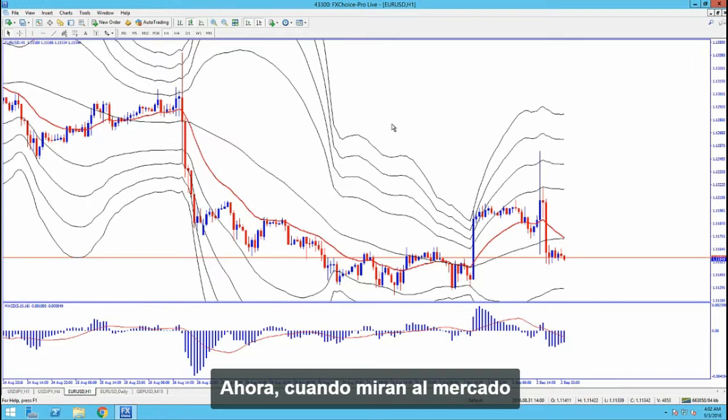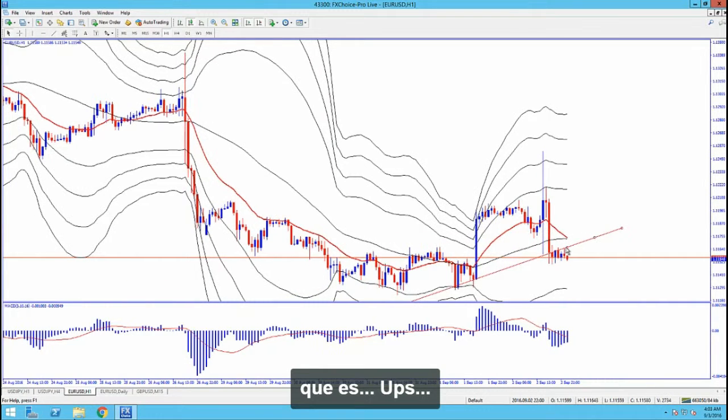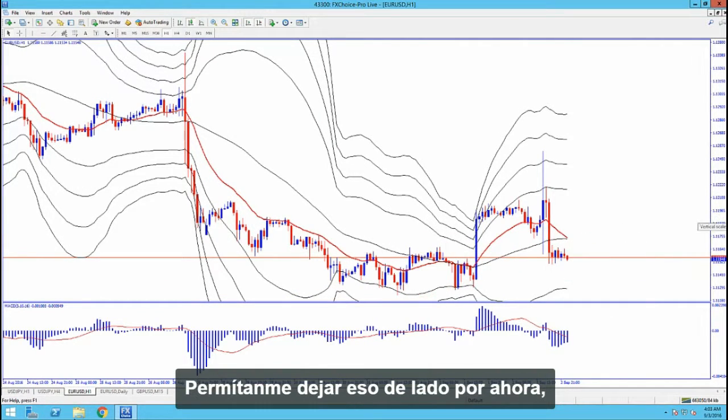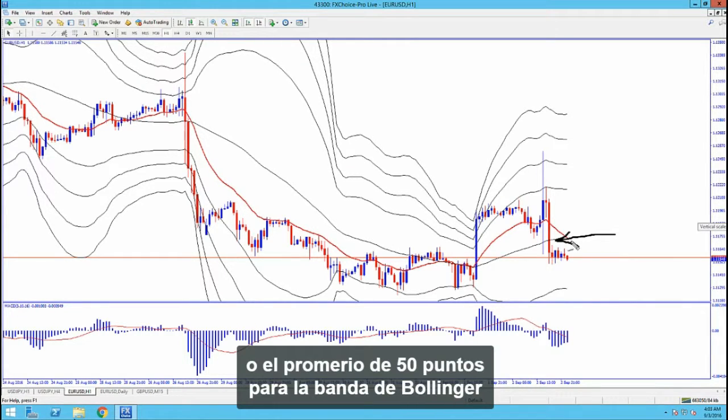Now when you look at the market, you can see the mean, which is 50. When you look at the market, the mean is a 50 period simple moving average, or the 50 period average for the Bollinger Band.